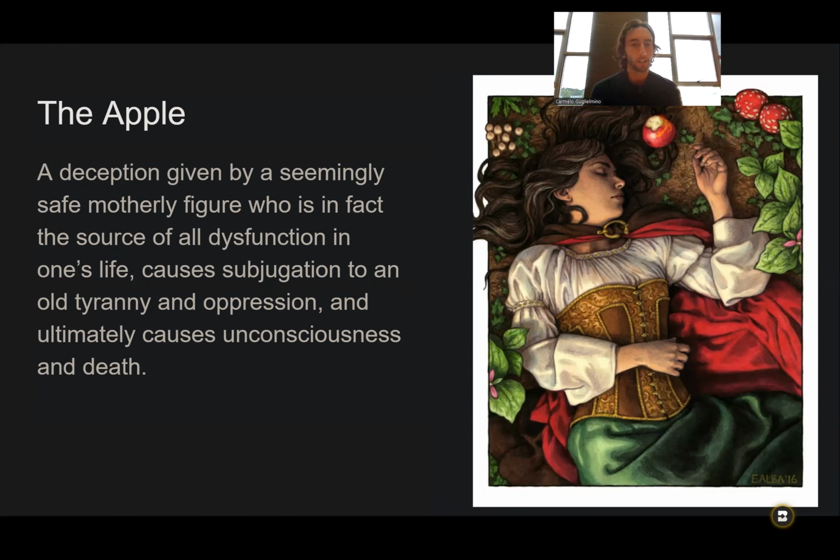A deception given by a seemingly safe motherly figure who is in fact the source of all dysfunction in one's life, causes subjugation to an old tyranny and oppression, and ultimately causes unconsciousness and death. Okay, that is a very, very rich symbol, a very rich feature of this story that every lens of interpretation is going to just leap on.